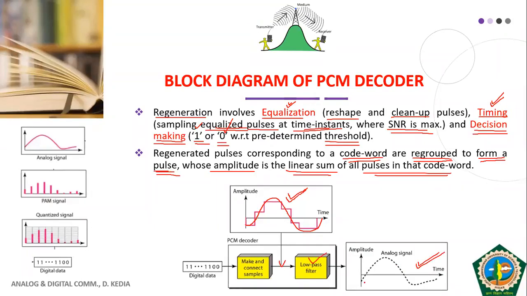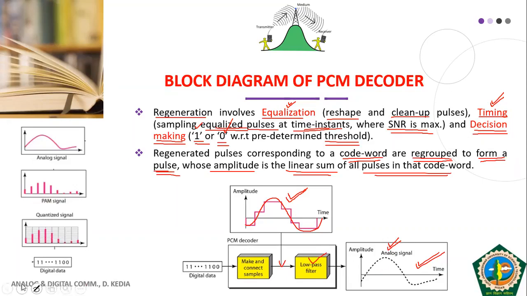Obviously this is not a 100% analog signal, but it is an approximated version of my original signal, and I'll not be able to notice this discontinuity in my natural receivers. That's why this signal is equivalent to the original modulating signal that I transmitted. So this is all about my PCM decoder and my PCM system. I hope the concept and the block diagram of the PCM system are clear to each and every student.